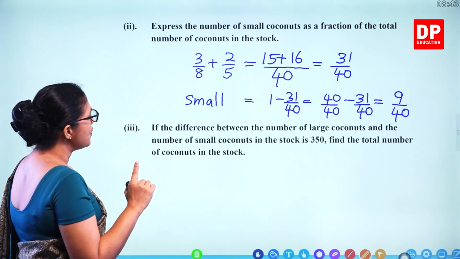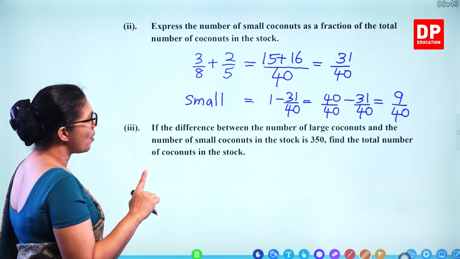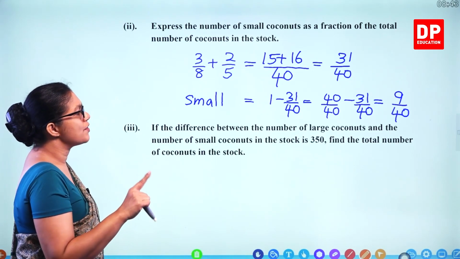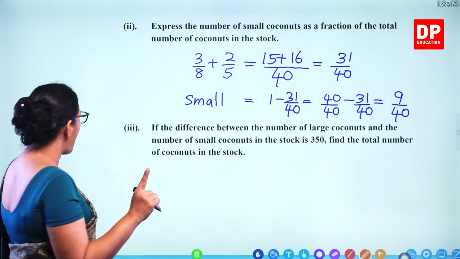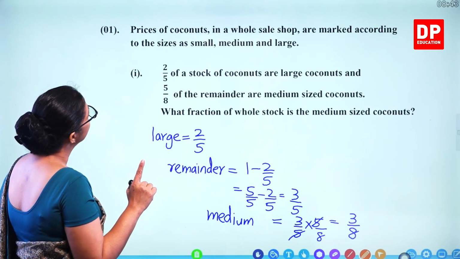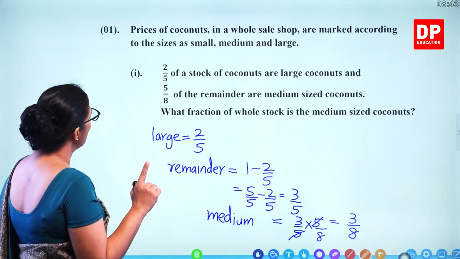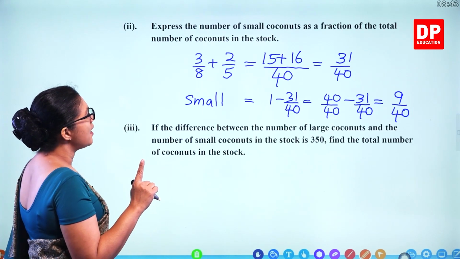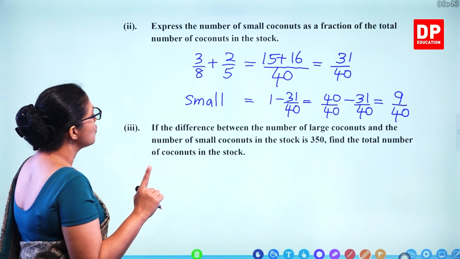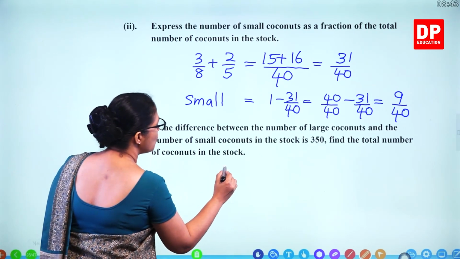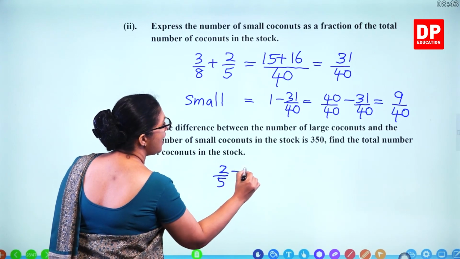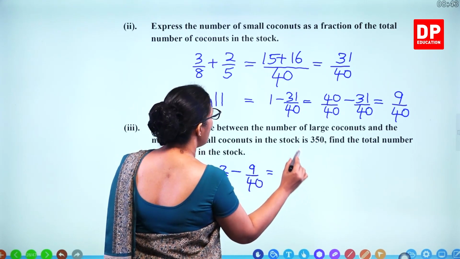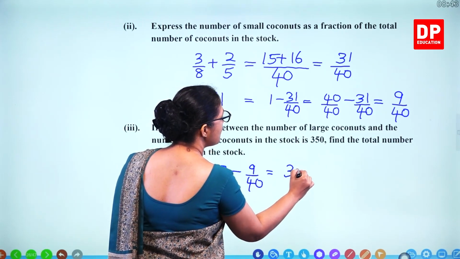Then the difference between the number of large coconuts and the number of small coconuts in the stock is 350. So how many large ones? That's 2/5, and this is 9/40. So the difference between 2/5 and 9/40 is equal to 350.